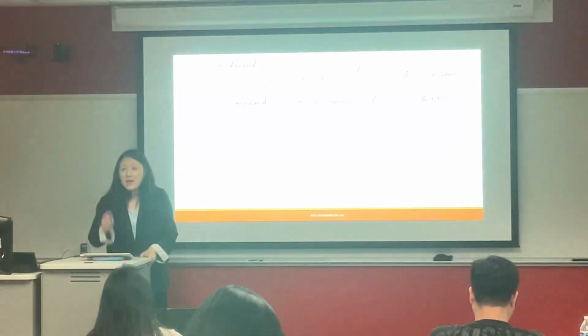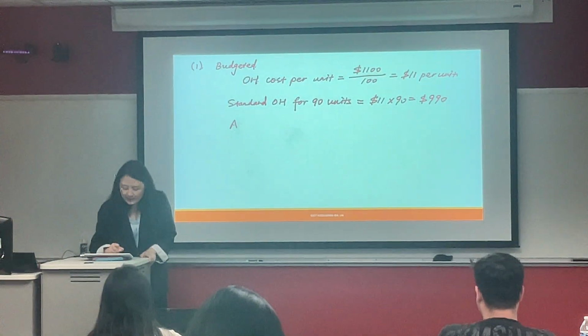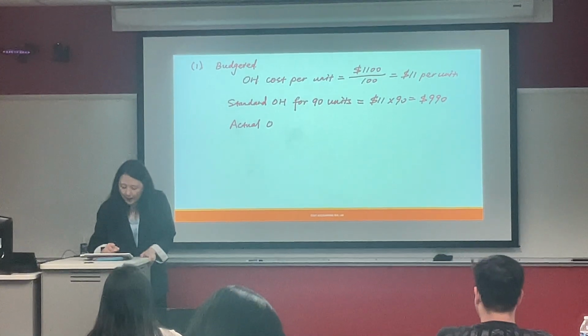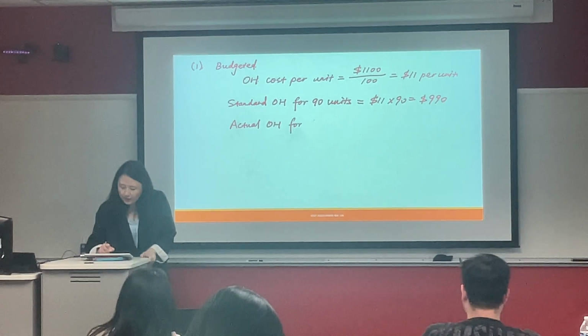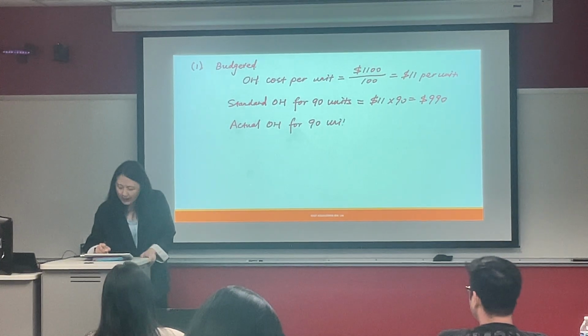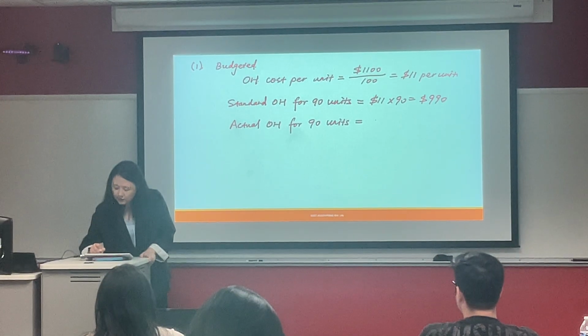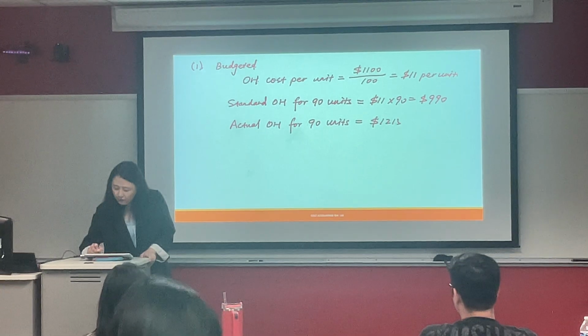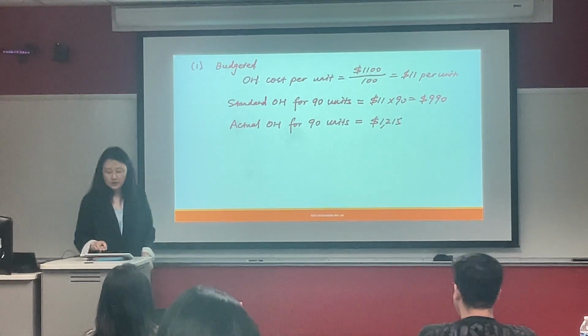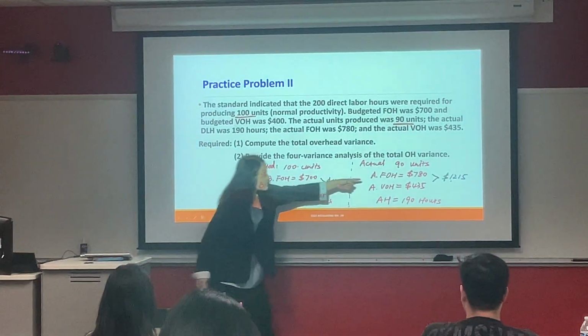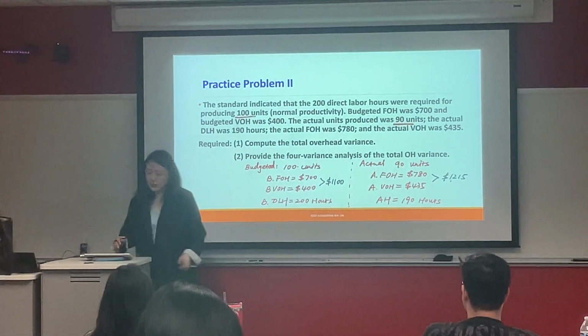Okay, so that's important. And in order to emphasize this is indeed apple to apple, I'm going to write actual. So the actual overhead cost for 90 units is 1250, because that's 780 plus 435.